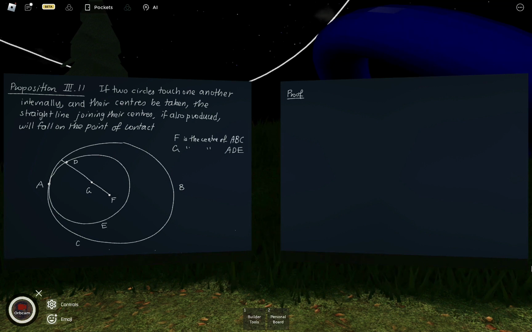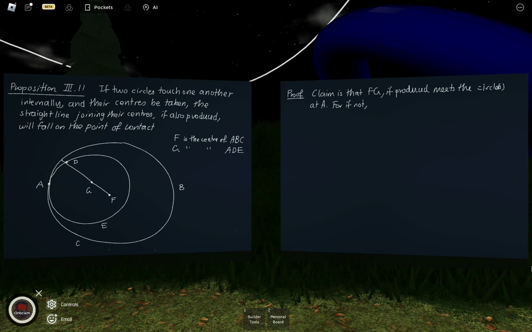Proof. Okay, so the claim is that FG, if produced, meets the circles at A. For if not, my translation says, but if possible. I do not really understand what that's referring to.